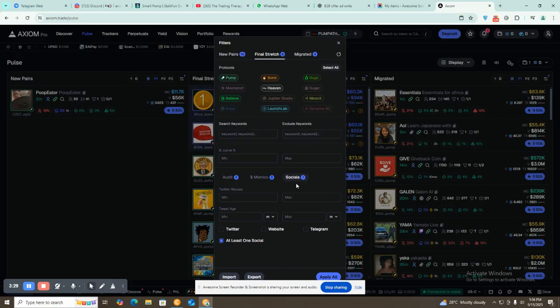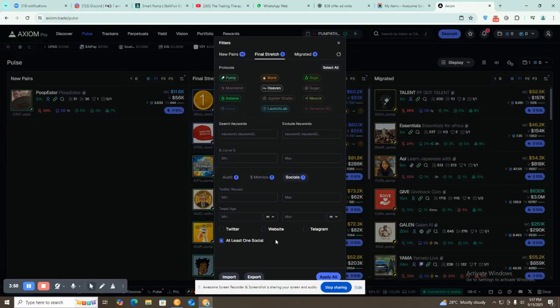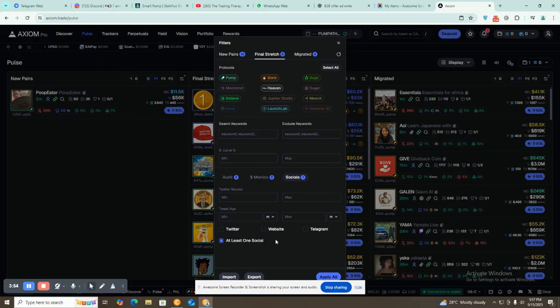If the developer is serious about the product, not all of them, because most of them reuse Twitter accounts and Telegram pages or groups. You have to be very careful here. Most of them use other people's socials like Twitter and Telegram just to promote their stuff.